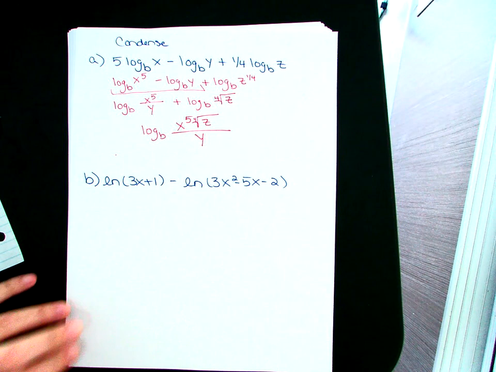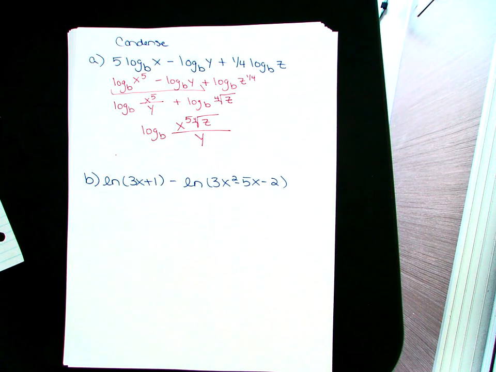I have condensed all of that mess into one quote-unquote nice logarithm. There's nothing left for me to condense or simplify or get rid of or anything. So that would be the end for us. Any questions on that one?